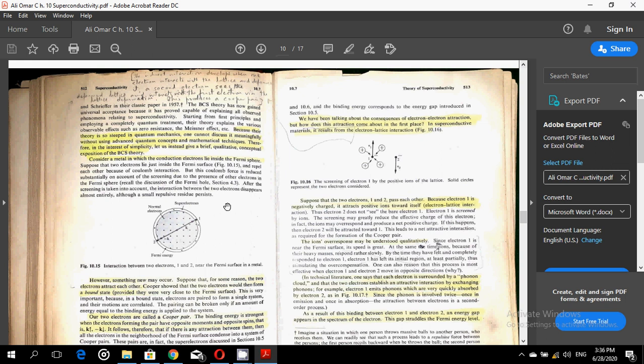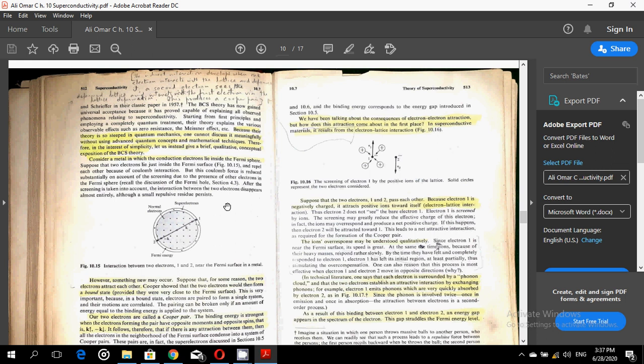Now consider a metal in which the conduction electrons lie inside the Fermi sphere. Suppose that two electrons lie just inside the Fermi sphere, as shown in figure 10.15 here, and these two electrons repel each other because of the Coulomb interaction of being both negatively charged.